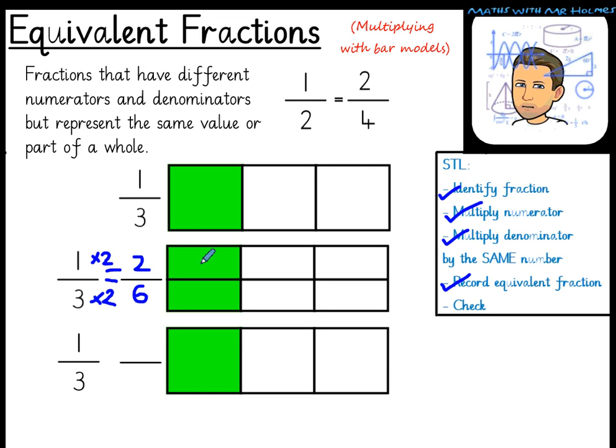We have 2 pieces, 1, 2, out of 6 pieces, 2, 4, 6. But as you can see, shown in our bar model, the same amount is shaded. Check you're happy with your answer by following the steps to learning. And then we'll try one last one.